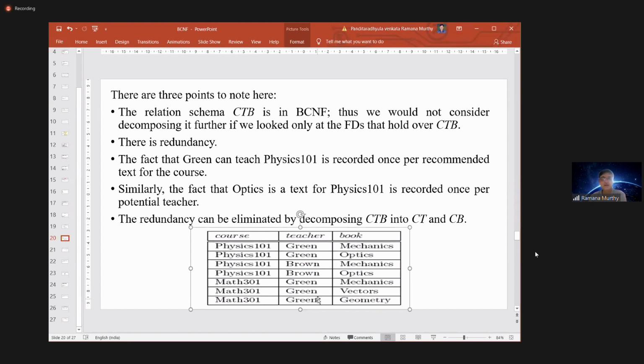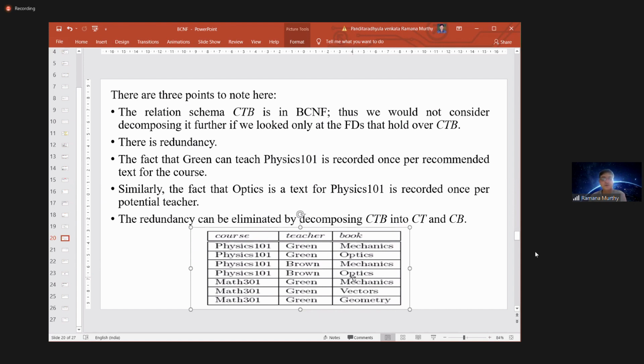It is nothing but repetition. Similarly, for the physics 101 book, the optics book is repeated twice, and the mechanics book is repeated twice. This repetition is nothing but redundancy.